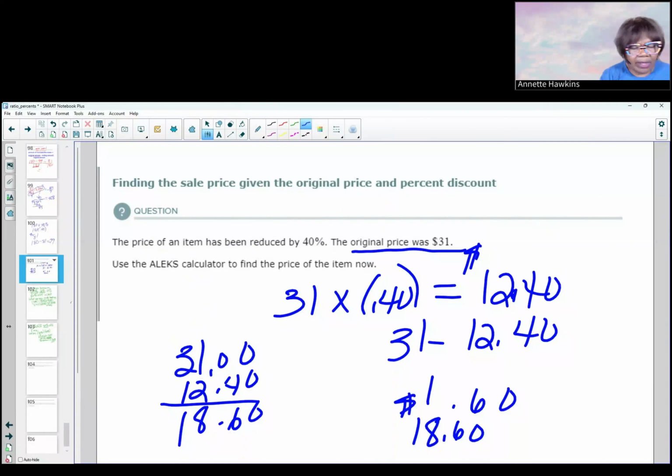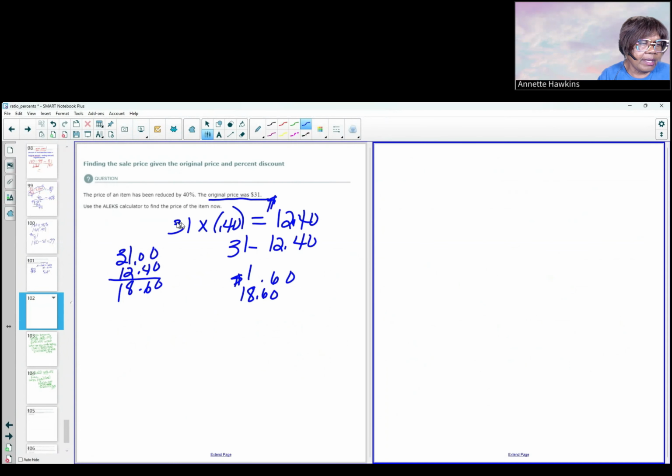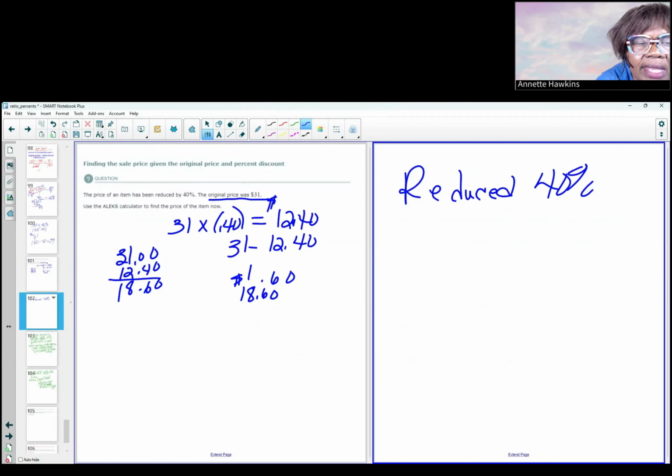Now, when we are actually teaching business classes, we do this. Anytime you have discounts, so it's reduced 40%, okay? So they're taking that off. So that means you pay 60%.